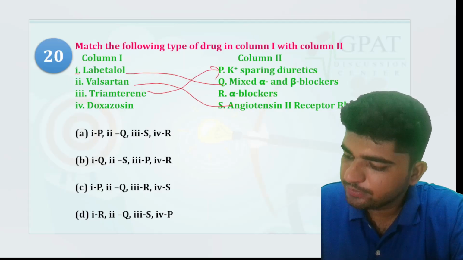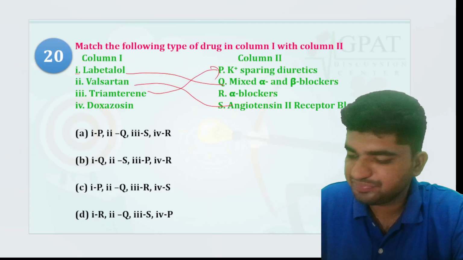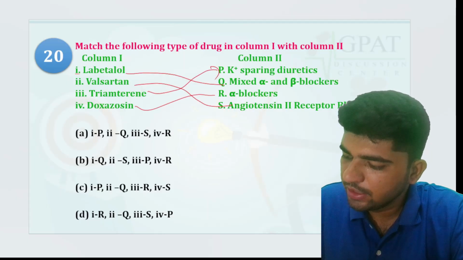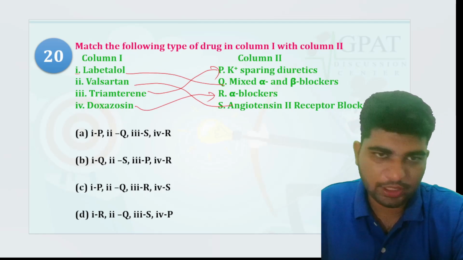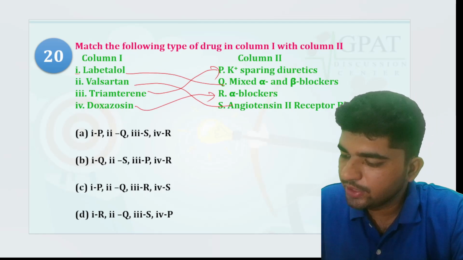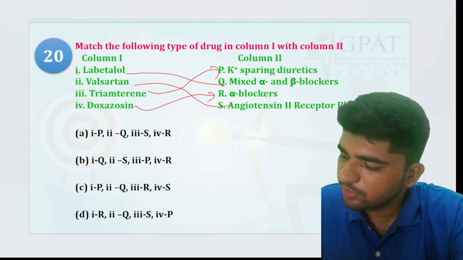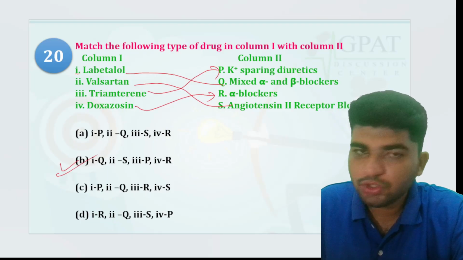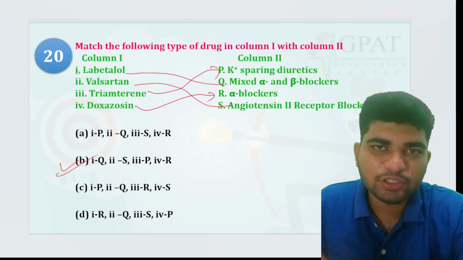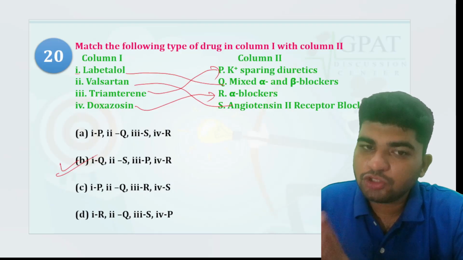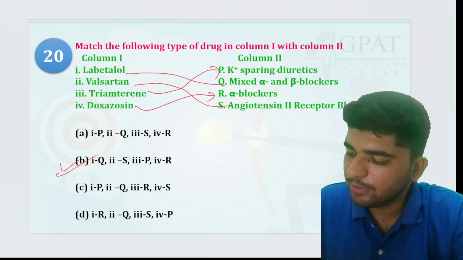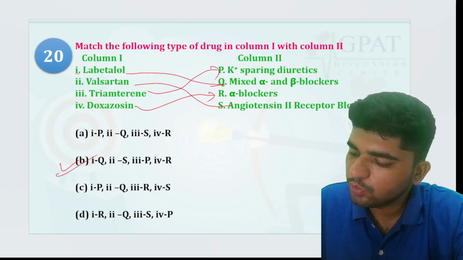Triamterene is a potassium sparing diuretic, yes. Doxazosin is an alpha blocker. Now labetalol goes to mixed alpha-beta, that is Q. Now you have got the answer, but to be on the safe side, go through the other options also. Labetalol Q, valsartan S, yes. Triamterene P, yes. Doxazosin, alpha blockers.